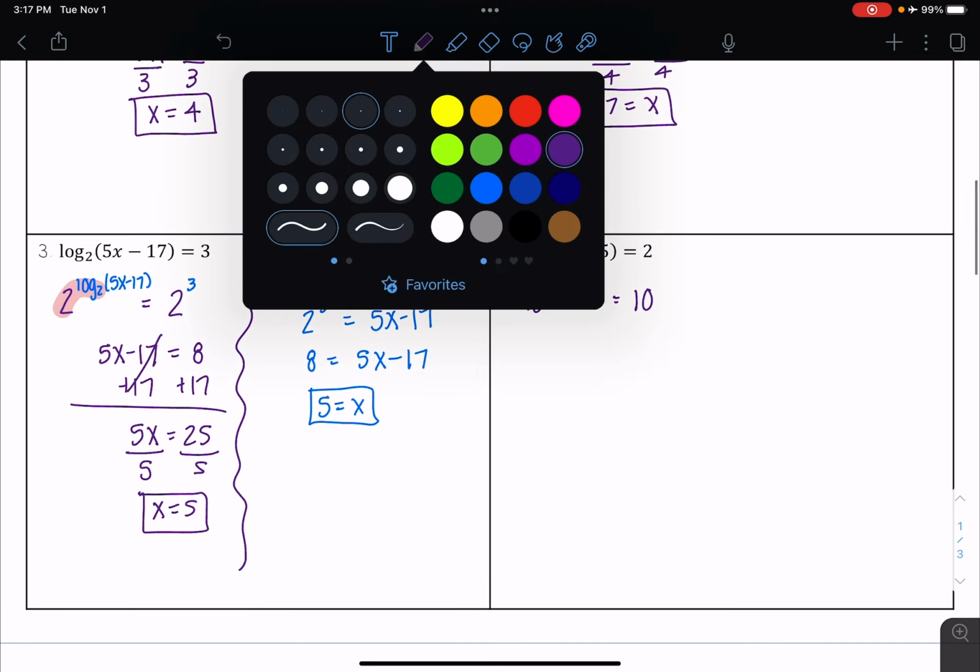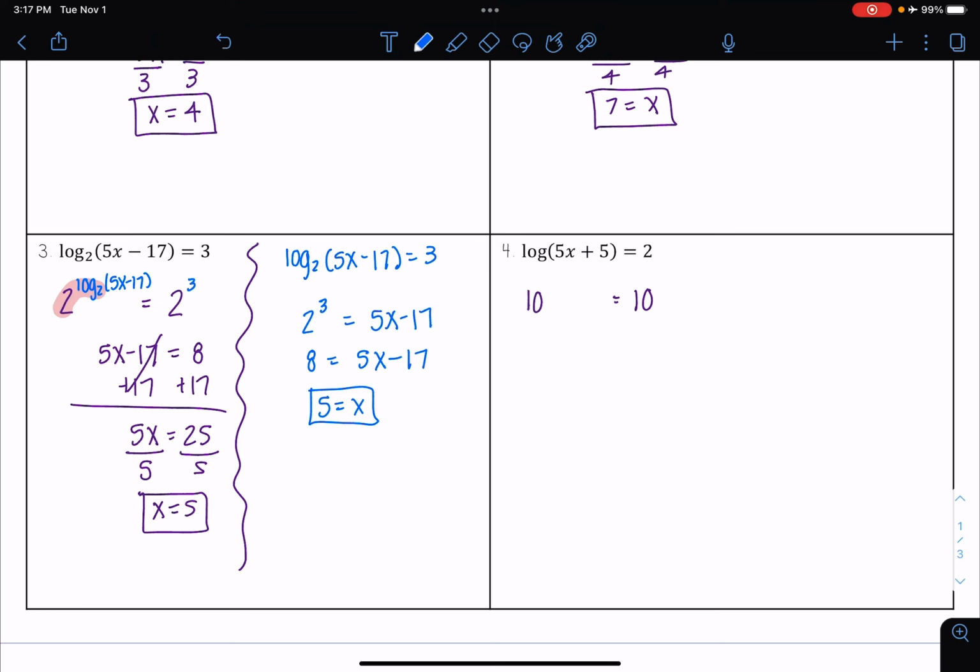That's my base, and my equation goes into the exponent. When I take 10 raised to the log, that cancels out, and I'm left with 5x plus 5 is equal to 10 squared, which is 100.